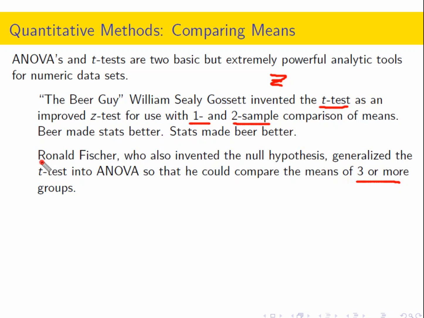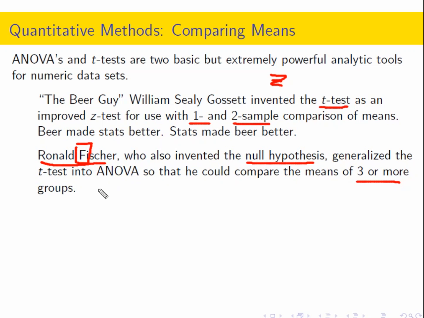We've already met Ron Fisher. If you've been following the video series, he's the inventor of the null hypothesis. So he was the one who wrote down the story about the lady tasting tea. And we know from his work how to use a null hypothesis, how to do statistical testing. And he took the t statistic and generalized it into what's called the F statistic for his last initial.